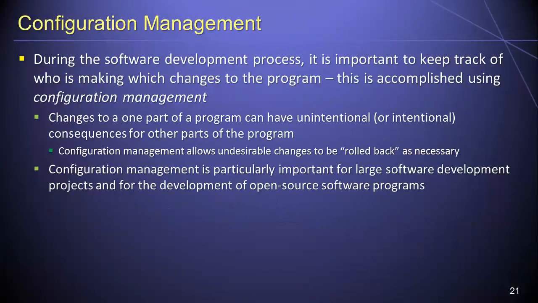Because of the complex interconnections among the modules which together comprise a software program, changes made to one part of a program can often have unintentional security consequences for other parts of the program. For this reason, it is important to keep track of who is making changes to which parts of the program during the software development process, and this is accomplished using a strategy known as configuration management.